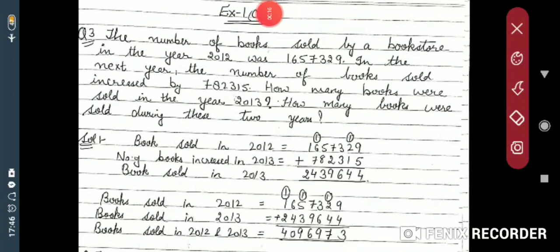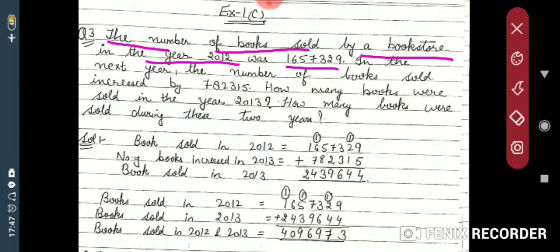So here, question number 3: the number of books sold by a bookstore in the year 2012 was 16,57,329.